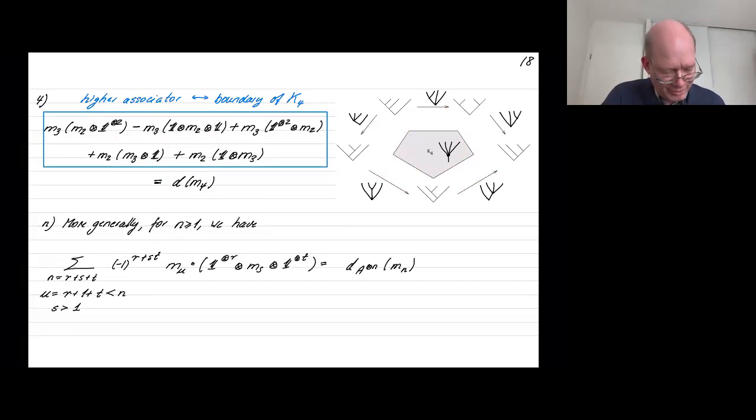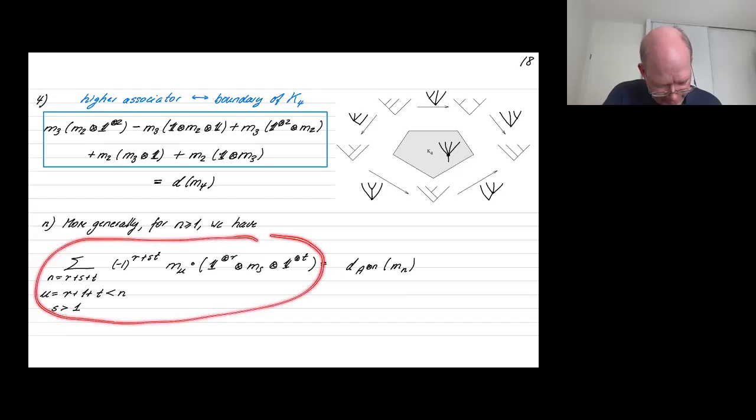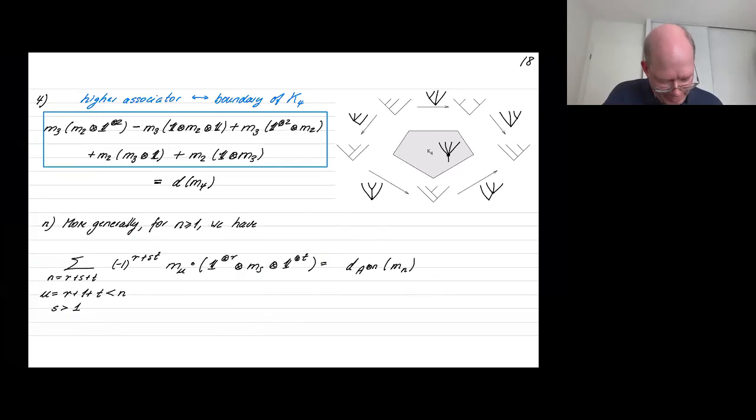Last time I wrote this equality by writing a whole sum equal to 0. Now I have separated the sum into 2 parts: the boundary of Mn, and then a sum of quadratic expressions in the Ms and Mu, where S and U are strictly bigger than 1 and strictly smaller than n.